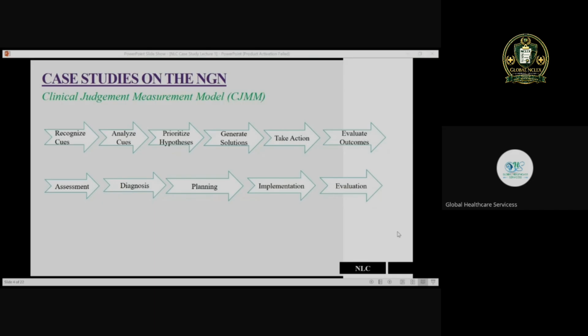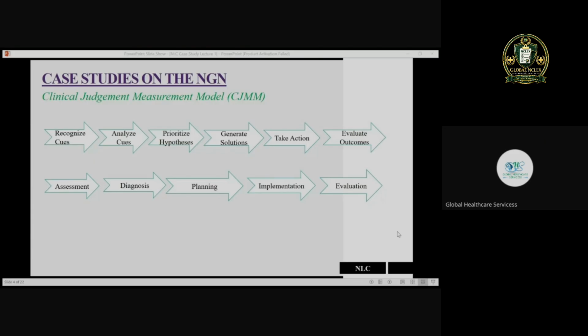Third step in the nursing process is planning, and in the clinical judgment measurement model it is to prioritize the hypothesis. For example, my patient is showing the general signs and symptoms. Now I should know about the hallmark sign of each and every disease that will help me to differentiate between the different hypotheses.